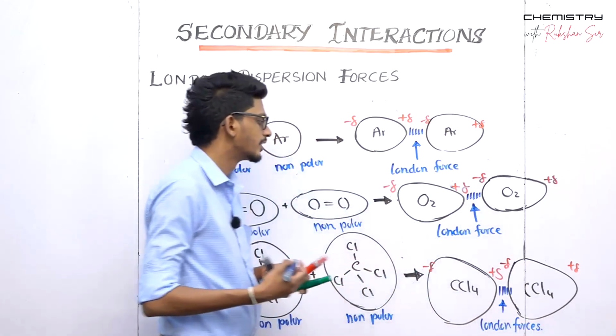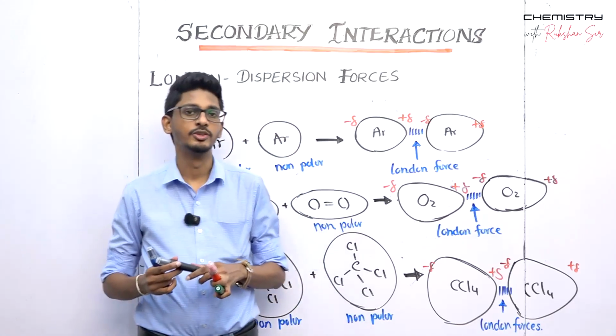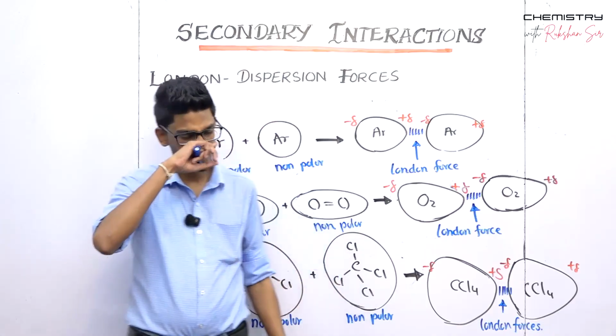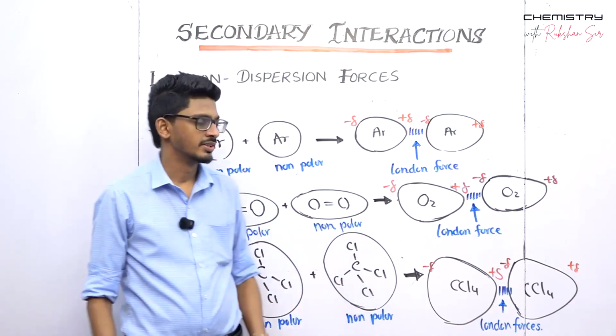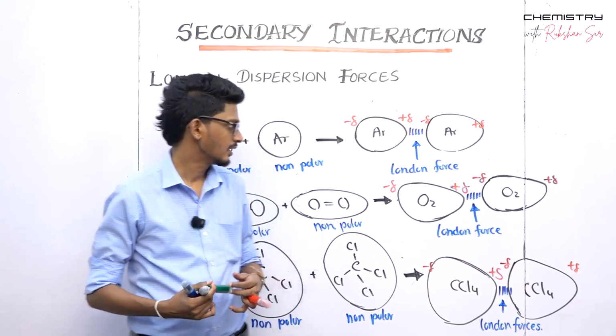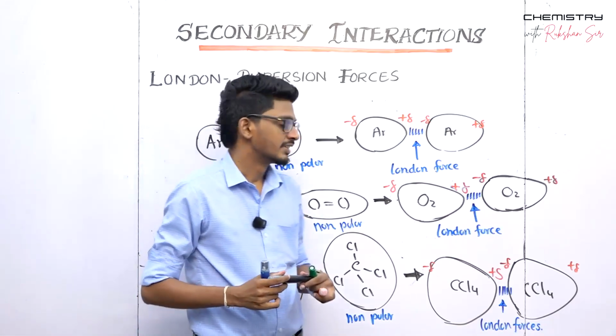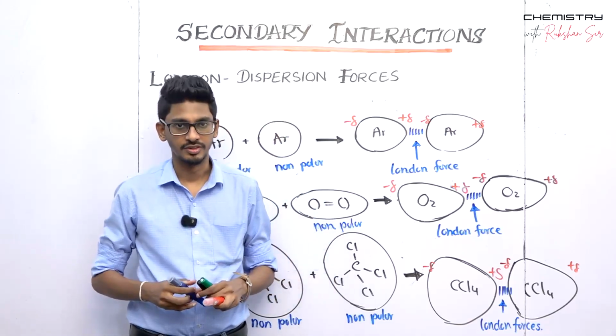London forces are actually referred to as the induced dipole interactions, right? So these are some examples where you can see the appearance of London forces. Okay, so you have got some idea about these second interactions, the London forces.